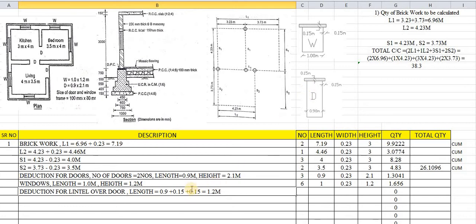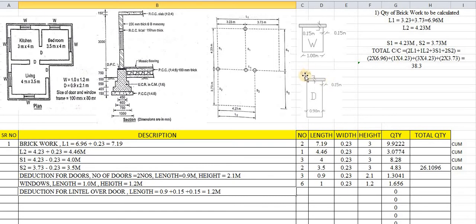So how have we calculated the length of the lintel? The lintel will be provided over the doors. Here the door opening is 0.9. We cannot provide a lintel of exactly the length of the door, because it should rest on some quantity of brickwork. So how much bearing is to be applied?